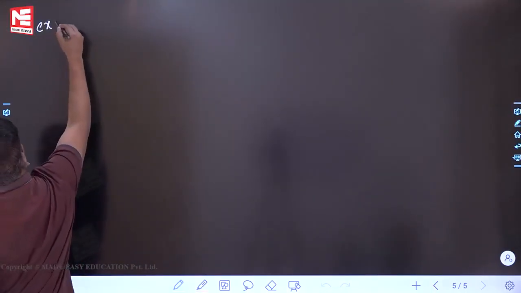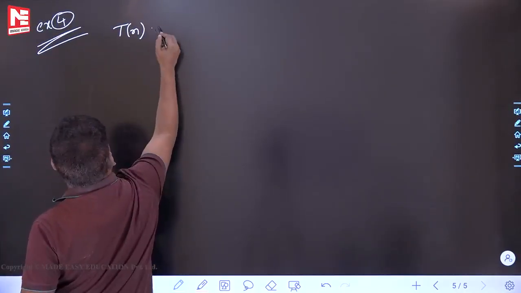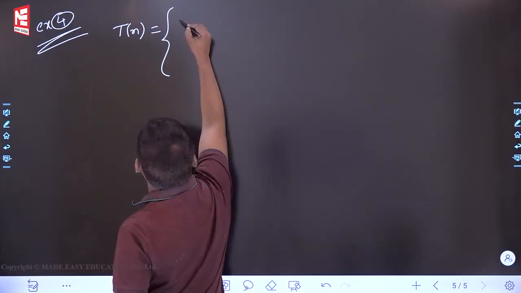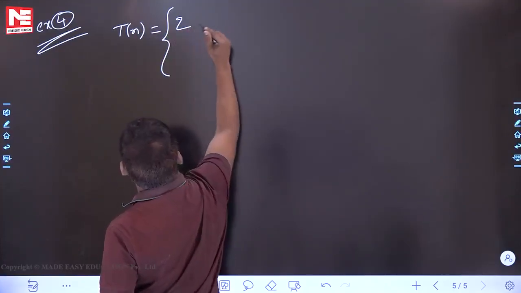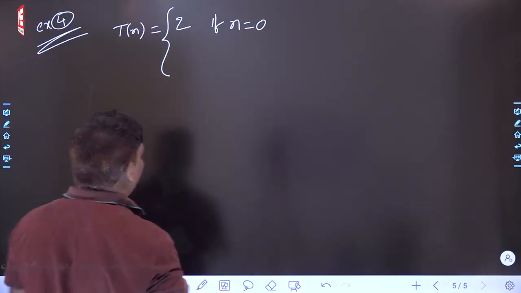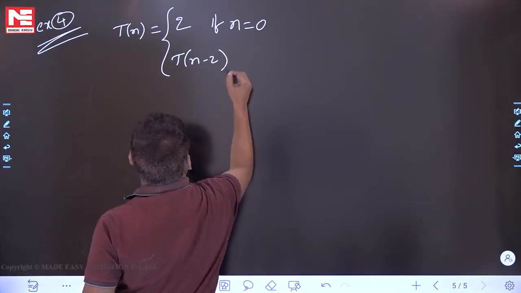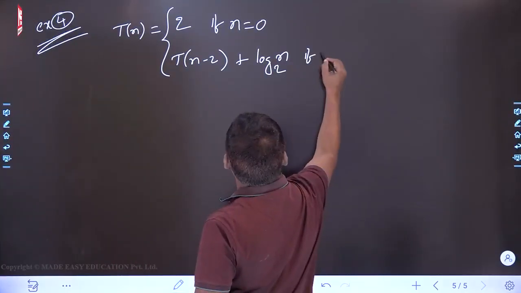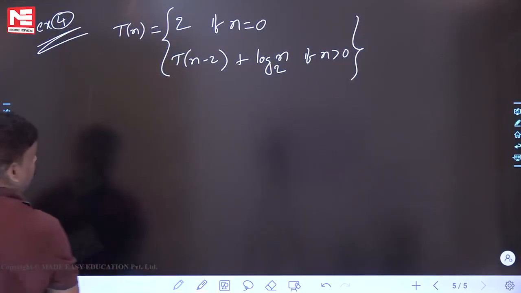Example 4. Tn is equal to 2 if n is equal to 0.